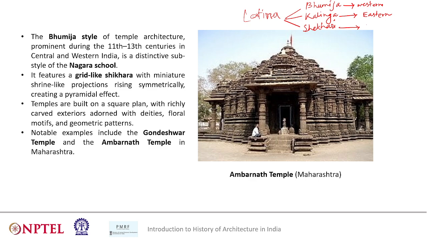Now, if you look into this Bhumija style, if I just try and simplify it by drawing, this is basically the center part. Now what happened over the years? There are these projections, right? The central part has the amlaka and the central spine.